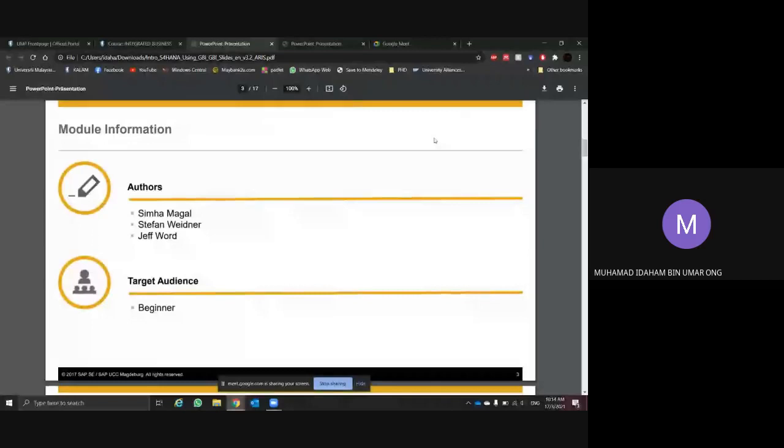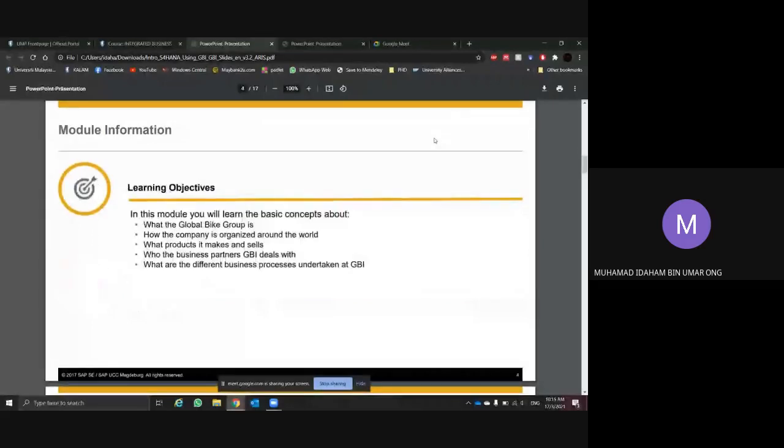Okay, so the main objective of this slide is basically we're going to learn about Global Bike Group, and also see how it's being organized around the world, what products they are making, and what they are selling. And we're going to see some of the business partners of GBI.